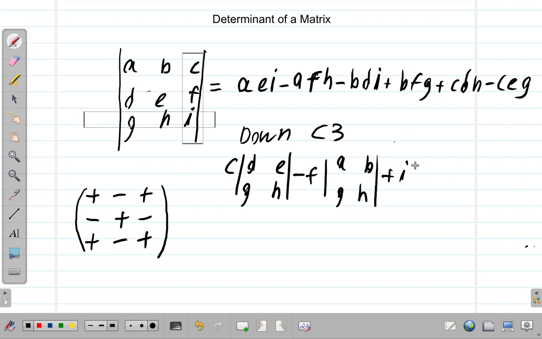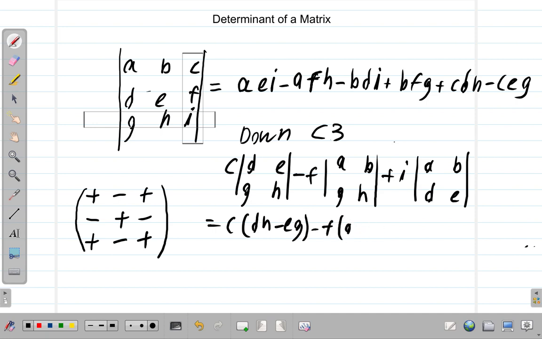So plus I times A, B, D, E. So the determinant is C times (DH minus EG) minus F times (AH minus BG) plus I times (AE minus BD). Good.